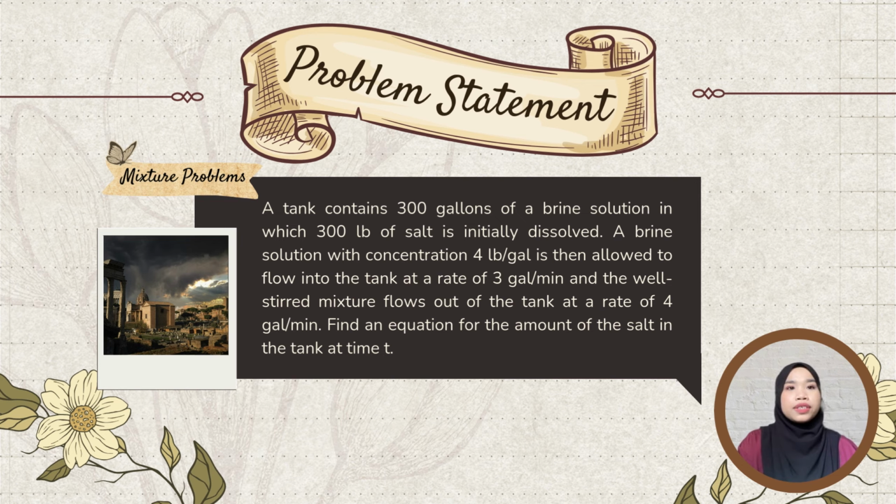A brine solution with a concentration of 4 pounds per gallon flows into the tank at a rate of 3 gallons per minute. At the same time, the well-stirred mixture flows out of the tank at a rate of 4 gallons per minute. The objective of this problem is to find an equation that represents the amount of salt in the tank at time t.